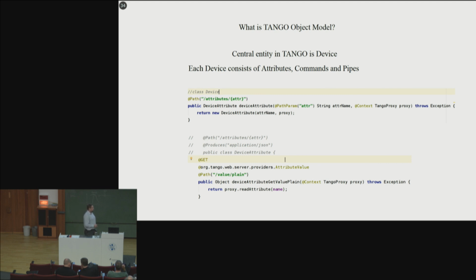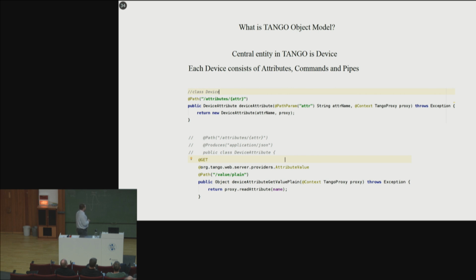Switching to the next point I would like to highlight, the object model. As you might remember, I just described Tango. The central thing in Tango is the device, and each device has attributes, commands, pipes, and so on. This maps perfectly into the JAX-RS REST specification. We have, let's say, a device resource on our server side, which has device attributes, so we return an instance of device attribute, which is in turn a REST resource.